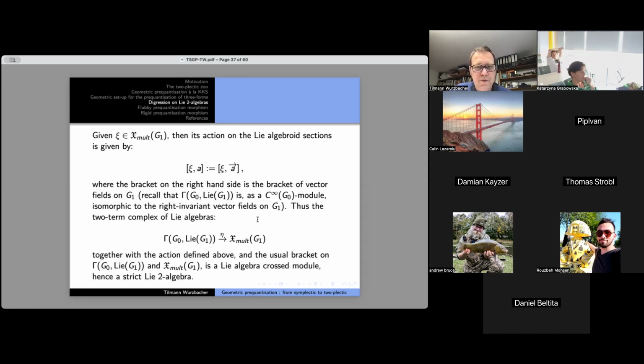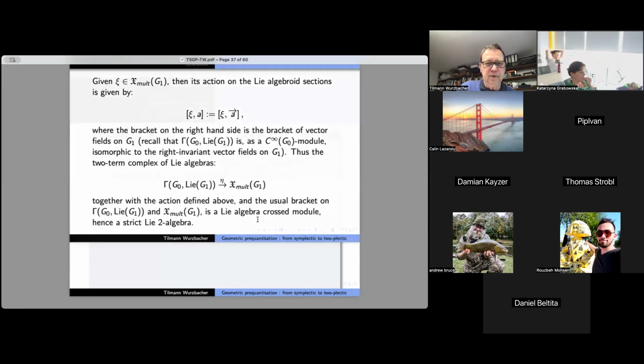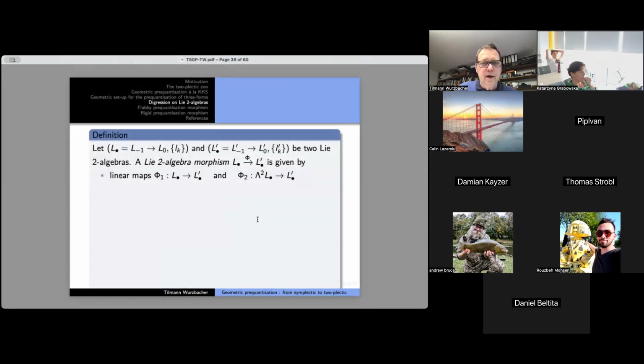Okay, so we have this natural Lie 2-algebra constructed from the Lie algebroid and the multiplicative vector fields. And what I also want to say is what is a morphism of Lie 2-algebras? I write it down in arrows. It's a bit of a pain, but then there's a diagram which helps a lot.